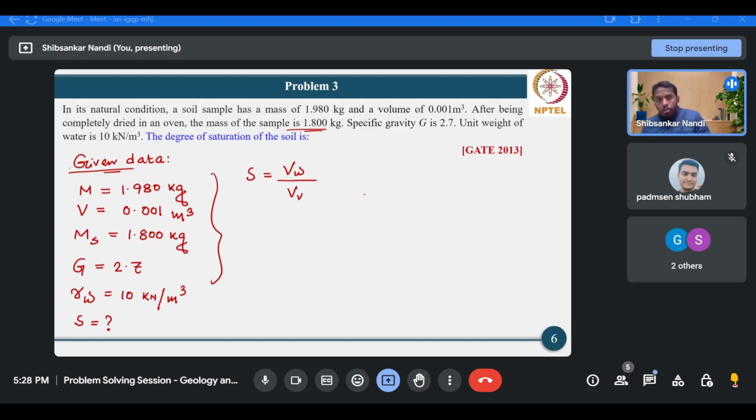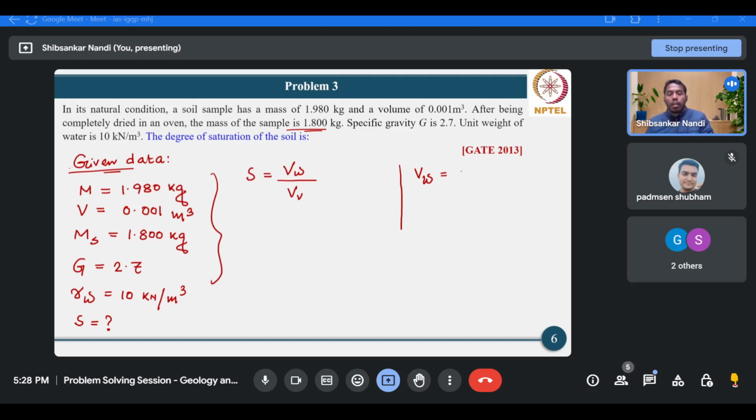Okay. So first of all, we'll determine the volume of water. Okay, volume of water we will determine.